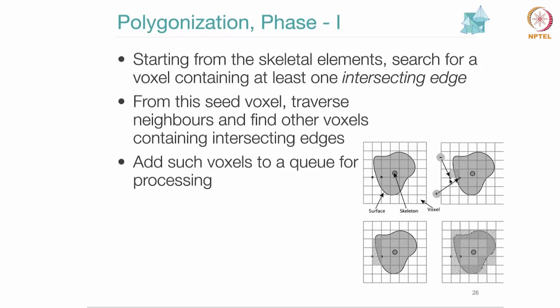What I want to select is all the grids whose corners have at least one different value. So in case of a 0 level set, at least one negative and the rest positives, or at least one positive and the rest negatives. Because if the grid has all positives, that means the grid is completely outside the level set. And if the grid has all negatives, it means the grid is completely inside the level set.